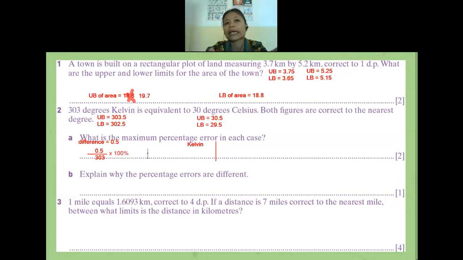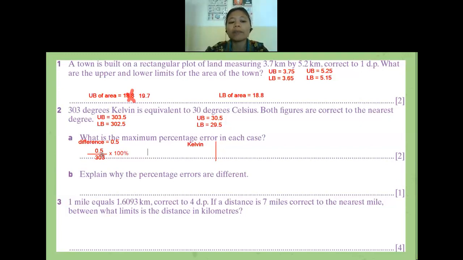But in this case, we find the upper bound and lower bound by ourselves, and we need to find the percentage of error. That's why we need to find the upper bound and lower bound first. After that, we find the difference, and then calculate how many percent of the given temperature the difference is. So the difference here is 0.5.